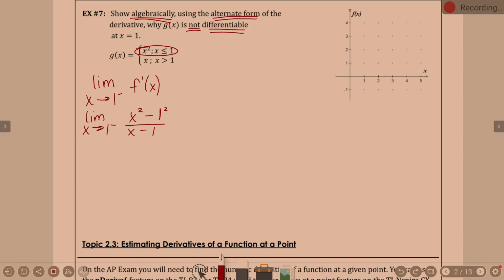We know x squared minus 1 is just x squared minus 1, right? What do you know about that numerator? It factors, doesn't it? So that factors into x plus 1, x minus 1, over the x minus 1 that's there.